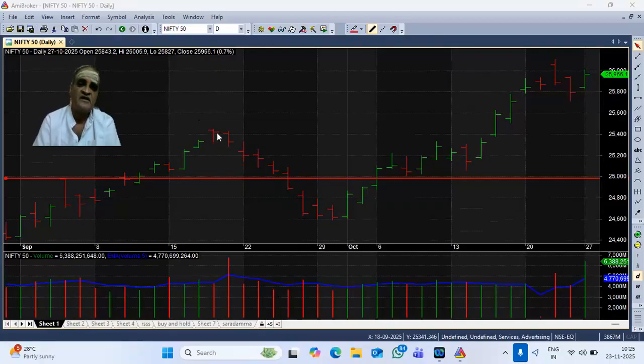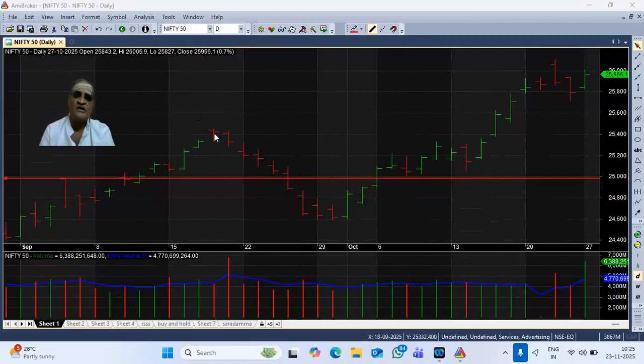Here you can see the distance between open and close is very less. Here also the distance between open and close is less at some places, or it is the same, but here the volume is less, and here the volume increased very much, and the length increased very much, and this bar took place, after which there was upward movement. So this level is very important.